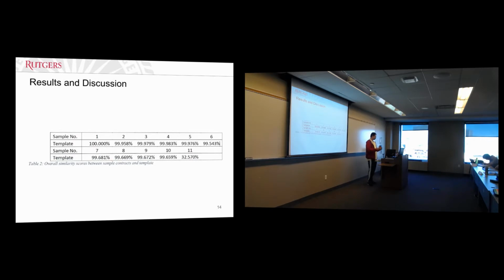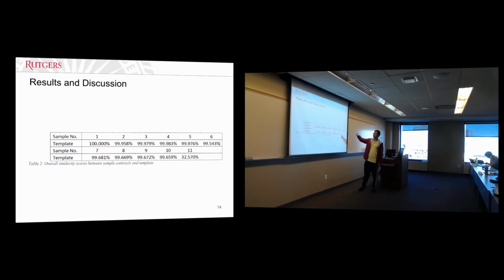And first of all, this table presents the similarity between the samples used in this analysis. All the similarity scores are cosine scores, which I just mentioned. As you can see, the first contract is regarded as the template, therefore the similarity score between the first contract and the template is definitely 100%.